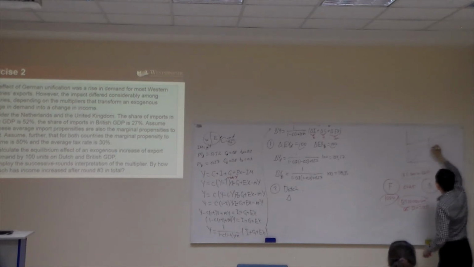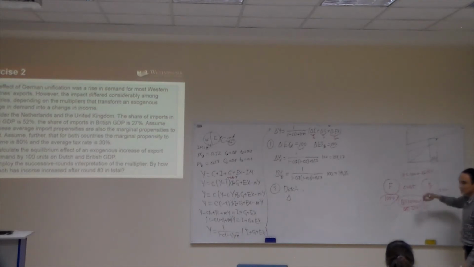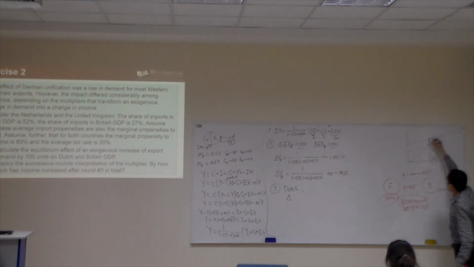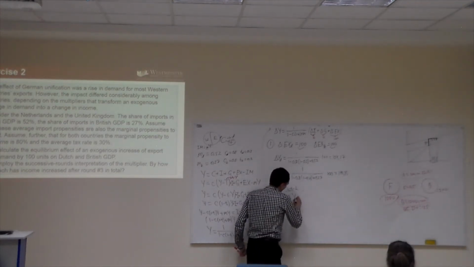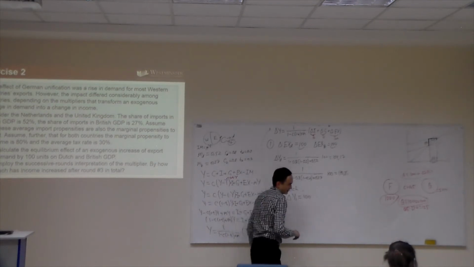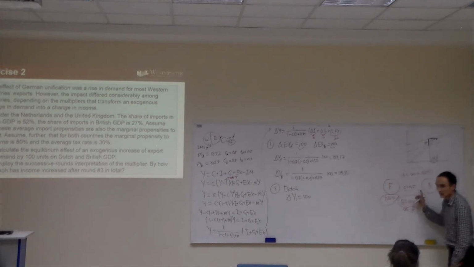It shifted like this, and it was the first change. Now we have to find this first change. What was that first change? It is 100, and it became income of all those exporters. So the first change is 100.